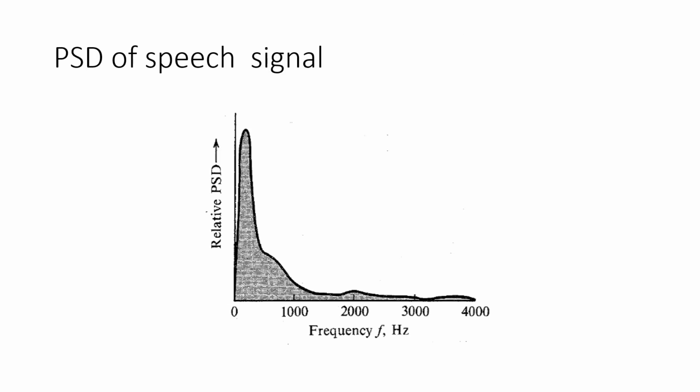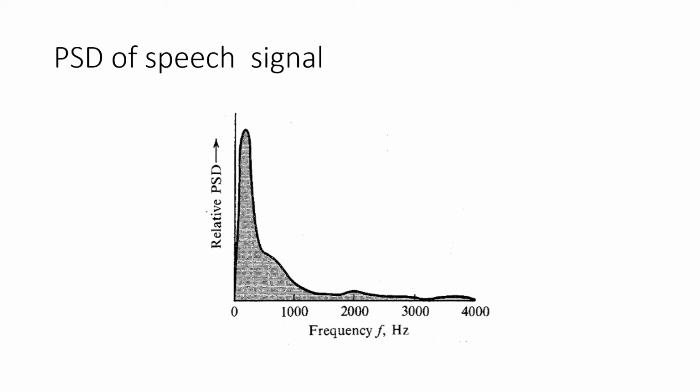This is the power spectral density of the speech. We know that the frequency range for a speech signal is from 0 Hz to 4 kHz. On the x-axis there is frequency and on the y-axis there is power. From this PSD we can see that the signal power is more concentrated for the frequencies less than 1.2 kHz.